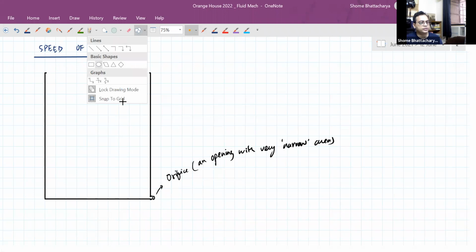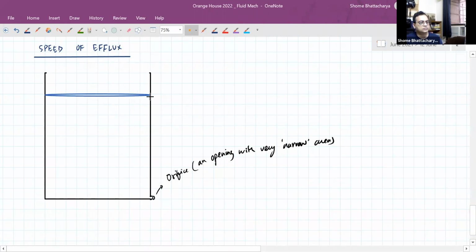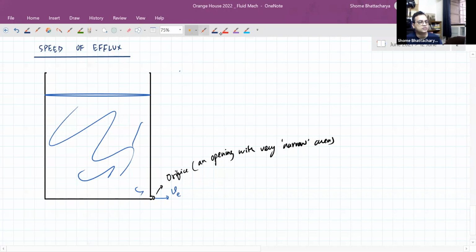We have some kind of fluid. So as you know, water will come out at high velocity from the orifice, and that is called the speed of efflux.